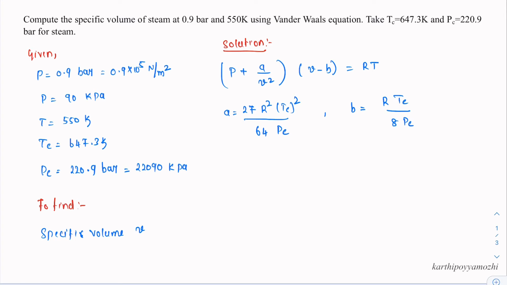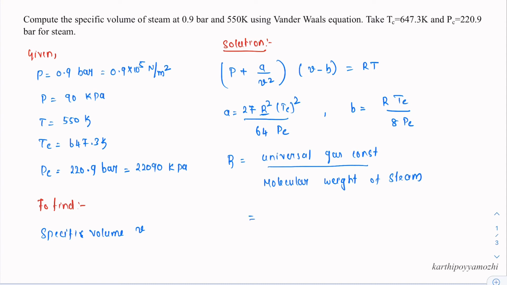Here we have to find the gas constant value R for steam, which is given as the universal gas constant divided by the molecular weight of steam.